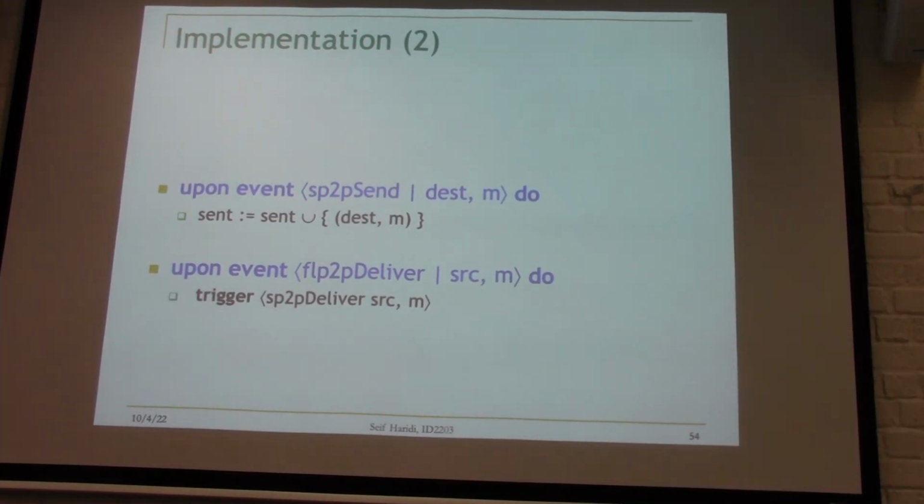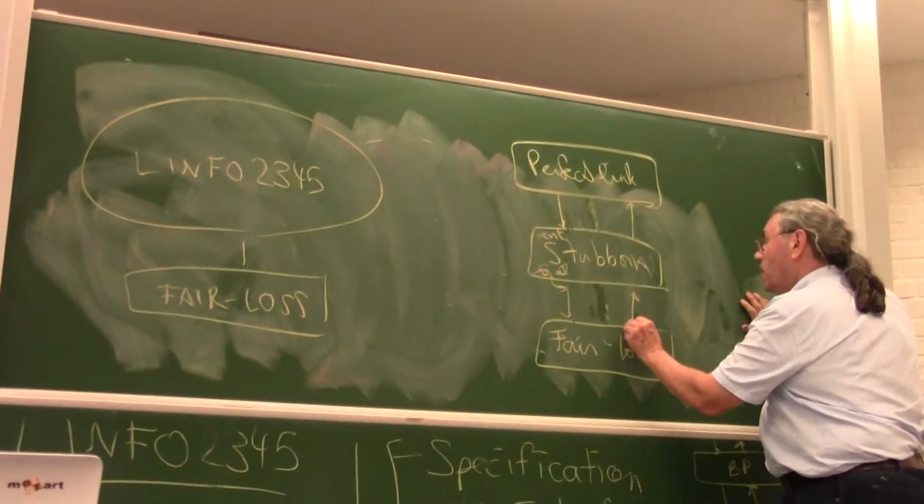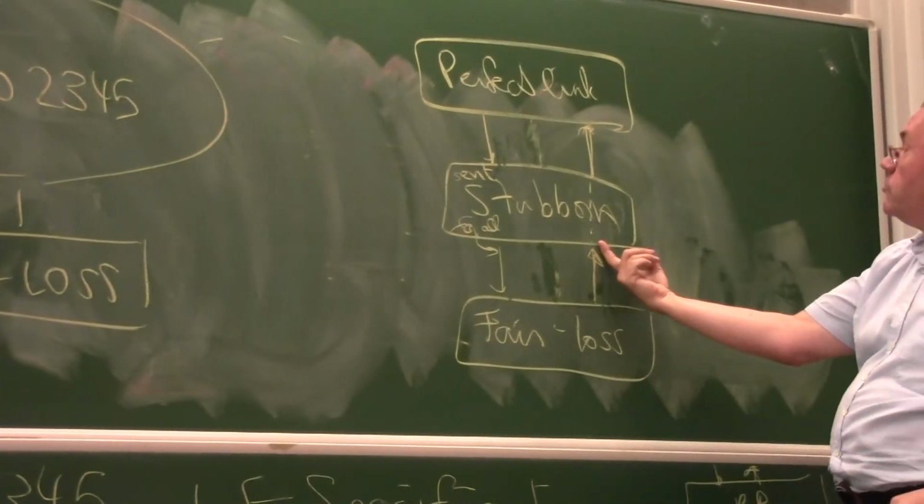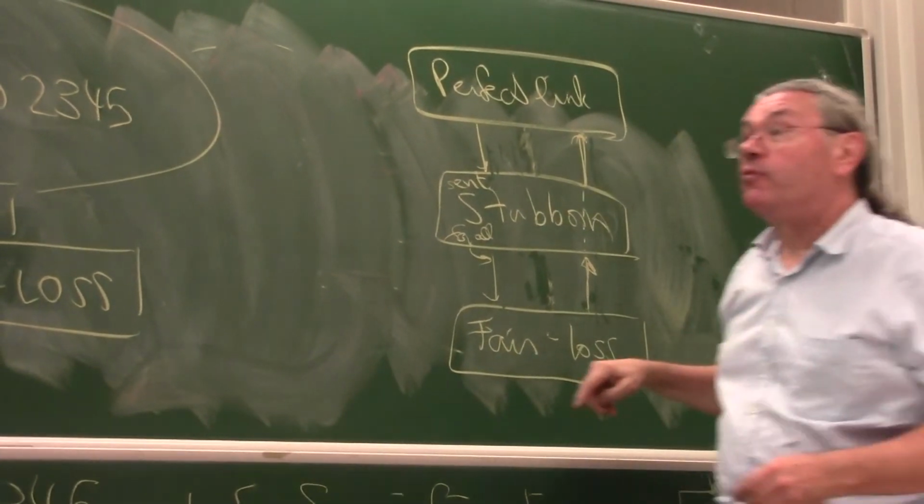So the way the stubborn one works: when I call the stubborn one, it adds the message into the sent set. There's a sent set here, and there's a loop here that will send all the messages in the sent set over and over again after a certain time. And whenever a message comes back, whenever there's an indication coming back, it's just passed upwards.